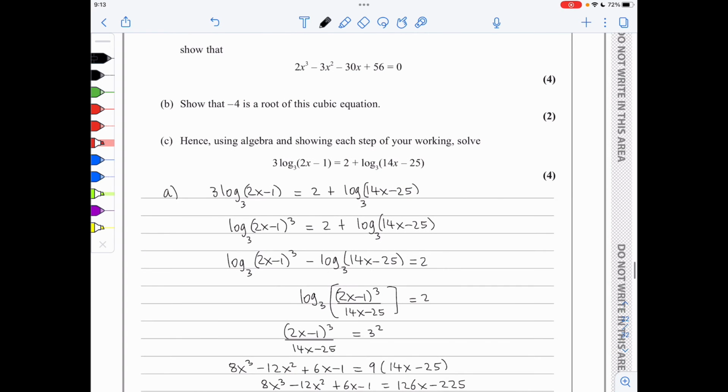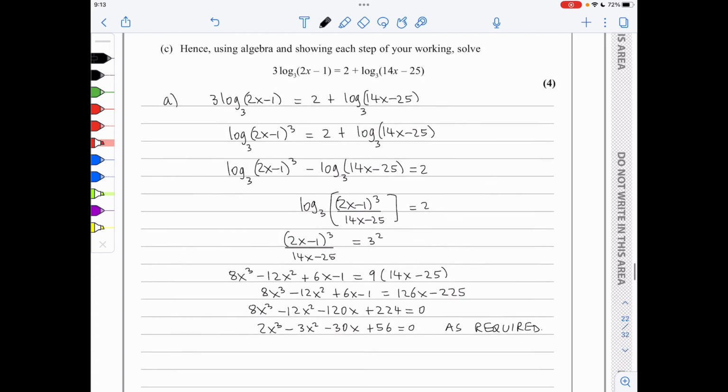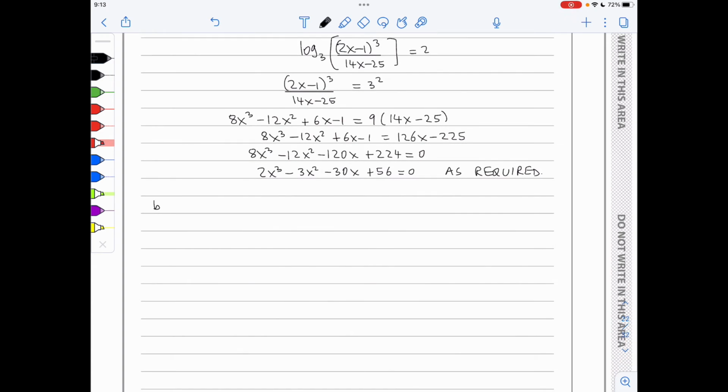And then in part b, show that negative 4 is a root of this cubic equation. I will start by saying let f of x be 2x cubed minus 3x squared minus 30x plus 56.